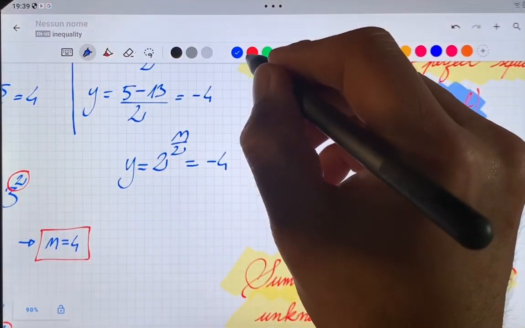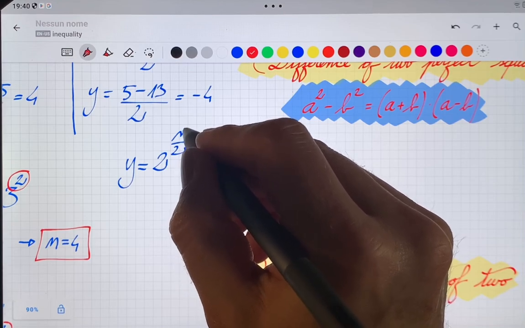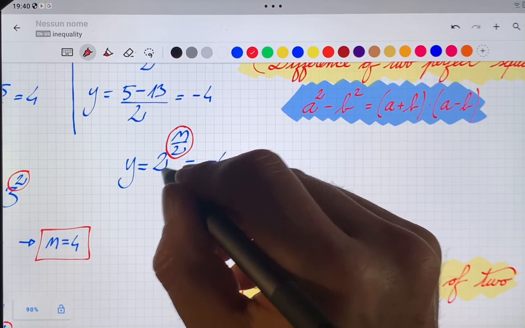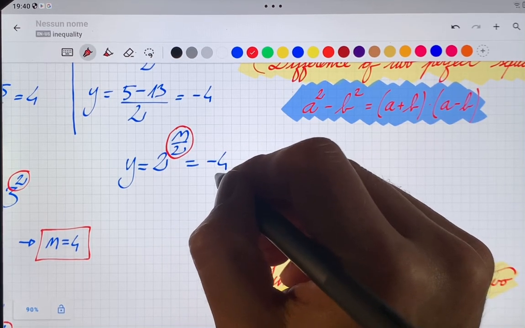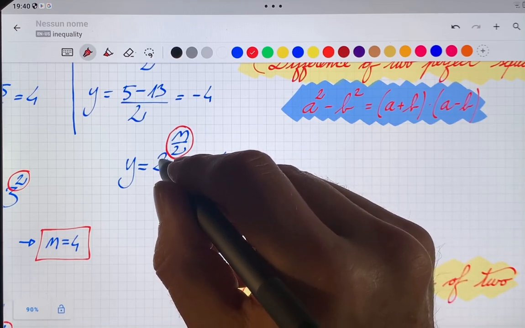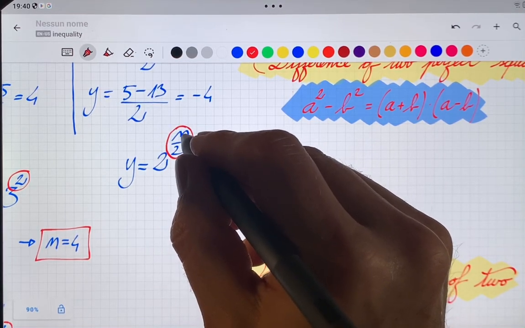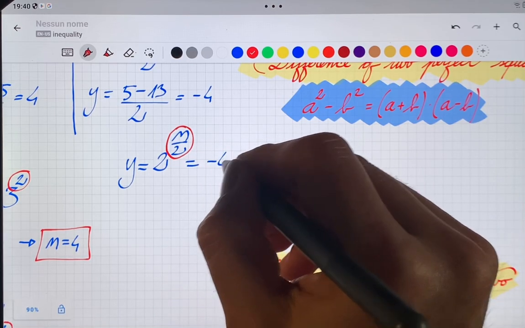So, as you know, there is no value of n that gives me 2 to the power of n over 2 equal to a negative number. Given 2 is the base is a positive number, so you can put here any exponents and you will never get -4.